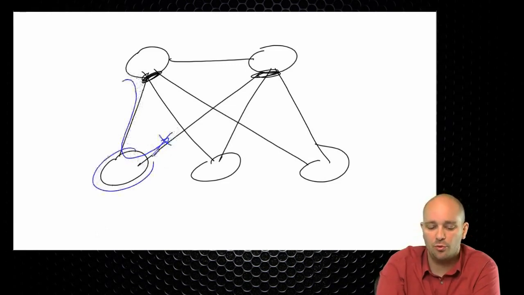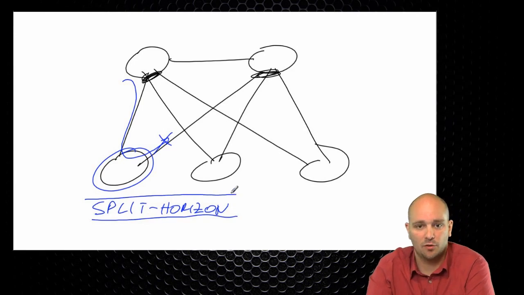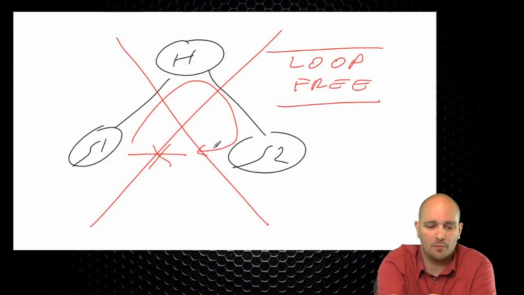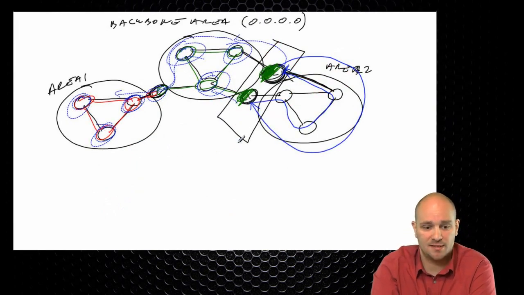So what we need to do here is implement a split horizon. So when people ask you, does OSPF implement split horizon? Of course, you're going to answer no, because at the interface level, OSPF does not implement split horizon. But at the area level, in order to prevent this problem from happening, we may need to do something that looks like a split horizon.